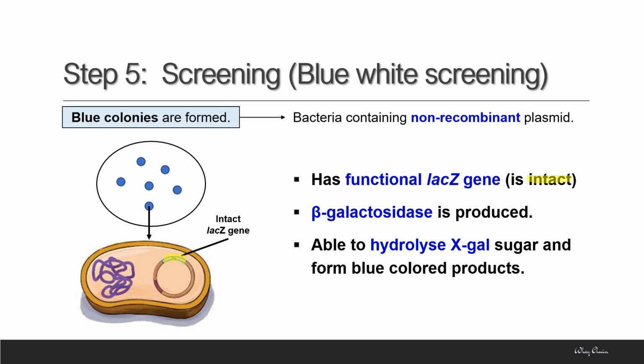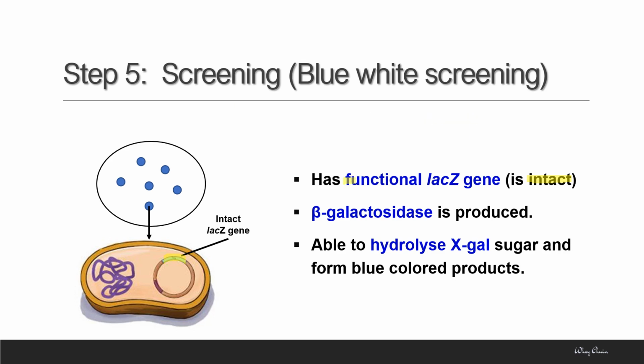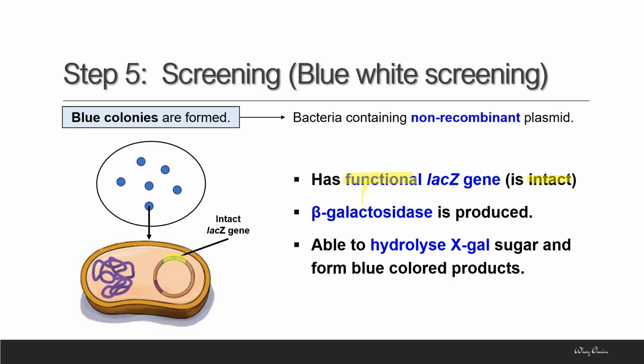So the LacZ gene is functional because it can still undergo transcription to produce mRNA, and the mRNA will be translated to produce the protein, which is actually the enzyme beta-galactosidase.